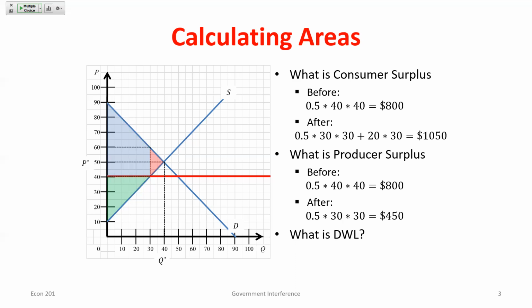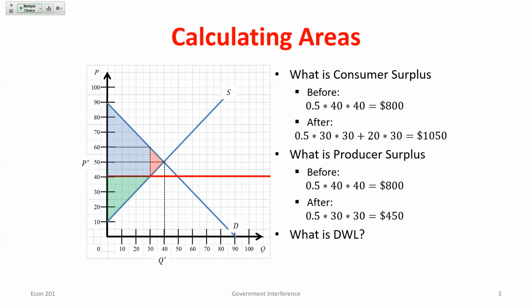So if we think about total surplus here, we're basically just adding up producer and consumer surplus, right? Those are the people that we have involved in the market. So before it was 800 and 800. So we had a total surplus of 1,600. What's our total surplus after?